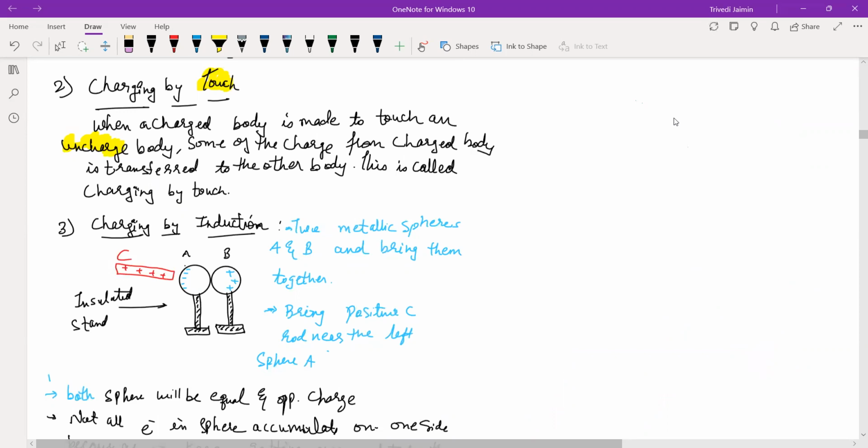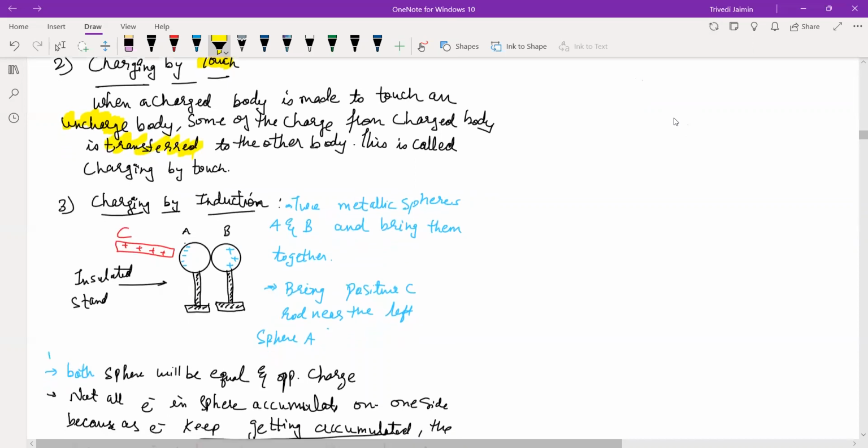Next is charging by induction. Two metal spheres A and B, we are bringing them nearby. So after that, in the same way, bring a positive rod C near the left sphere A, and what will happen?